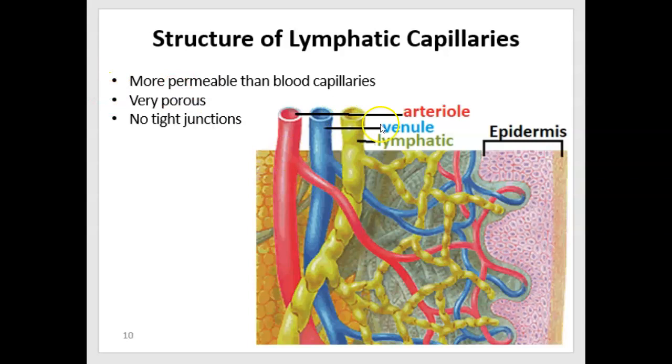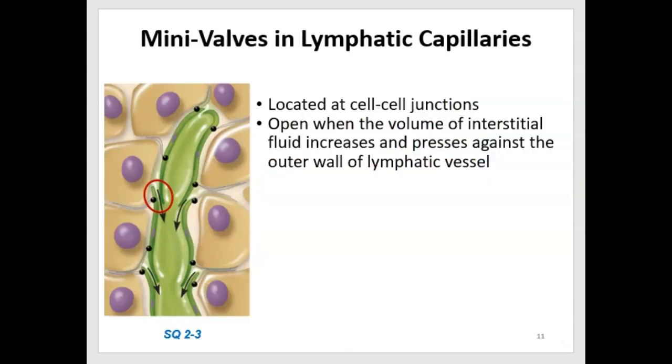In fact, these lymphatic capillaries are so porous that even cells can fit in between these cells that make up the wall here, like bacterial cells and cancer cells can squeeze in there and enter the lymph.